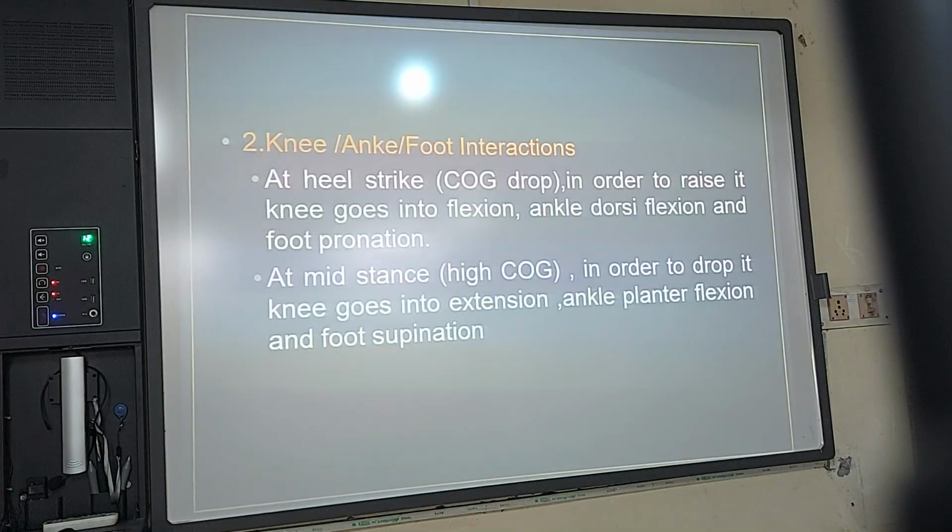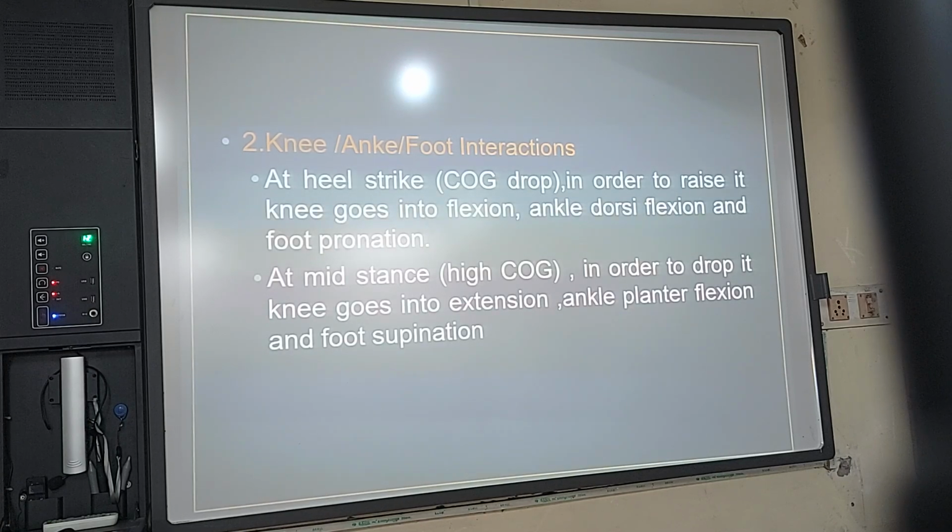Fine. Now the second thing which we see is the knee ankle foot interaction. We have seen that as soon as the heel strikes, the COG drops. You know the height of the ground reaction force was near, and there was a drop in the center of gravity.